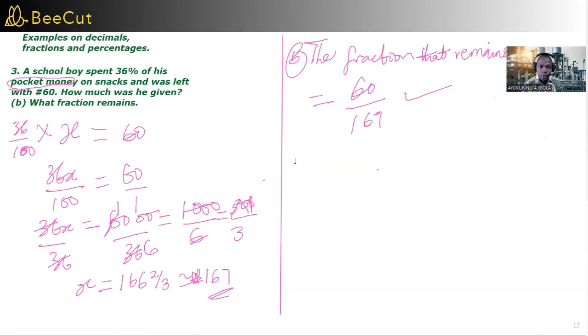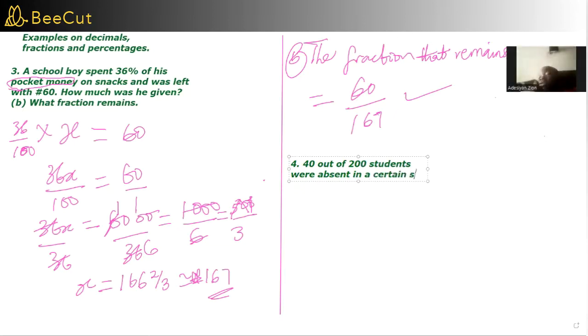Okay, here comes the next question, number 4. Yes, number 4. Now, 40 out of 200 students were absent in a certain school.